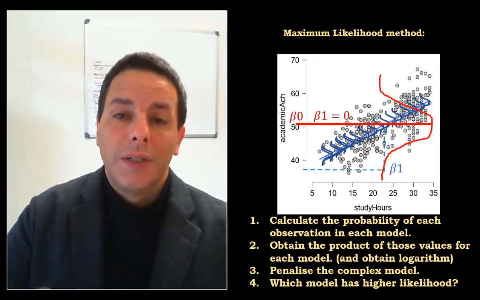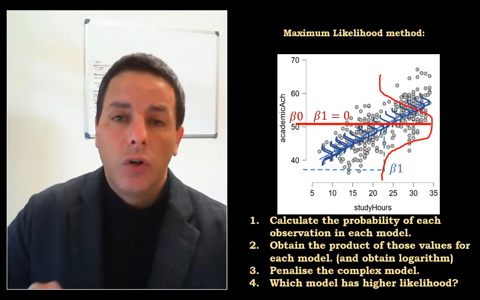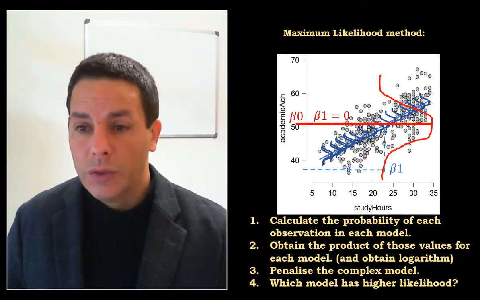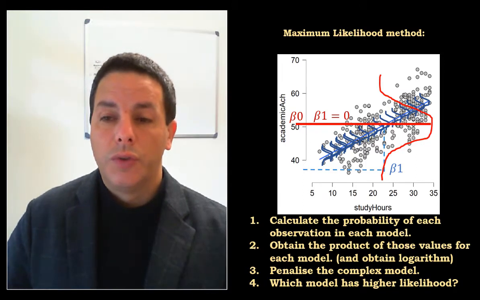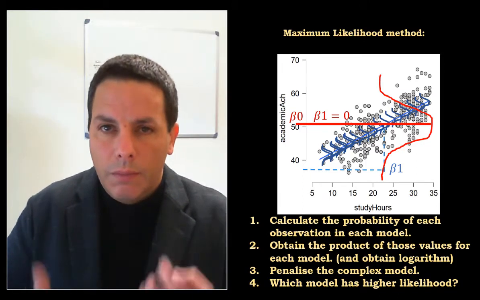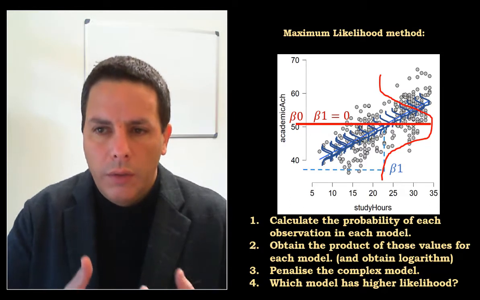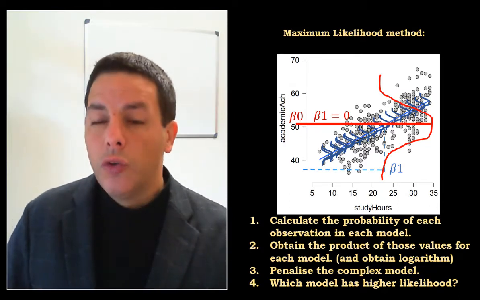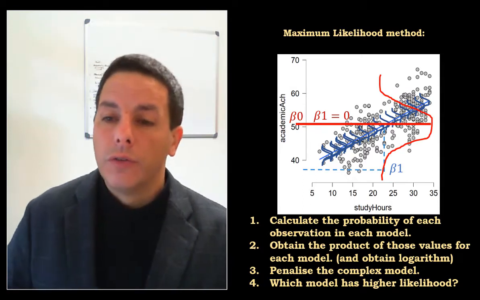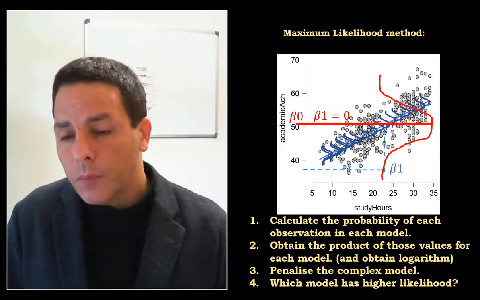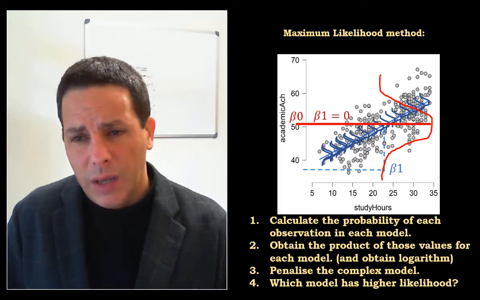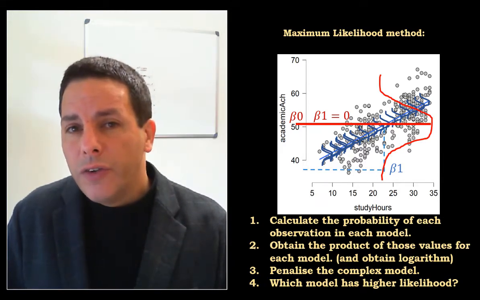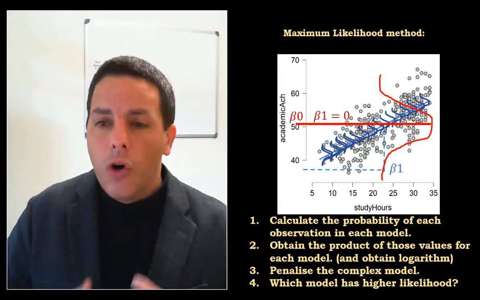When we want to predict the observation of data that is not in this sample, which is what we like to do in science, we want to predict things that are beyond the small sample that we have. When we want to do that, complex models are really bad. Why are they bad? Because they have more parameters, so they should be better. Well, because they are fitting the noise.